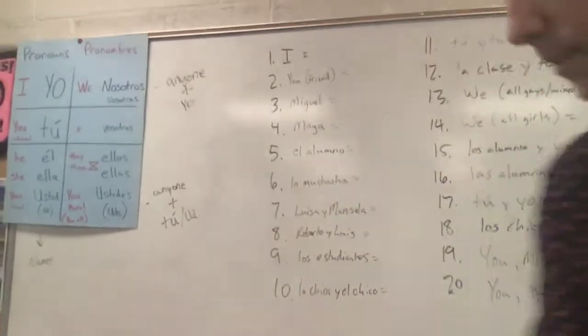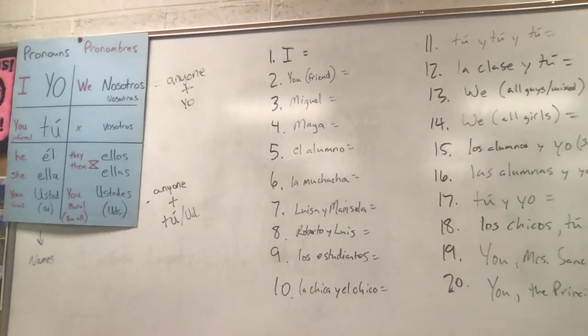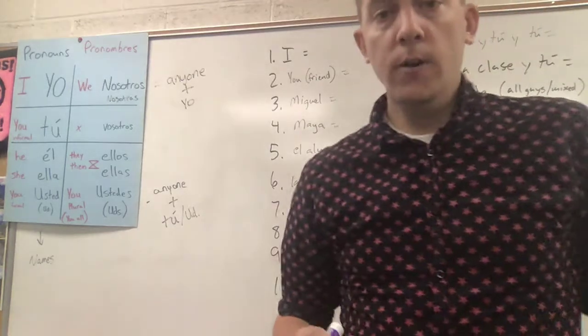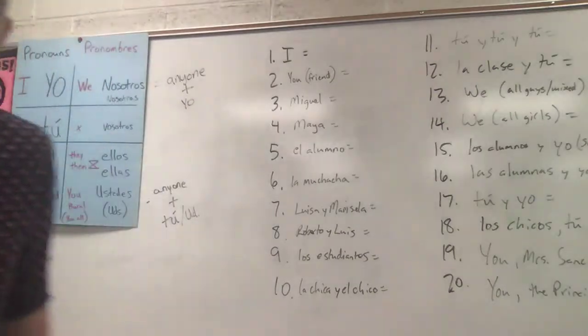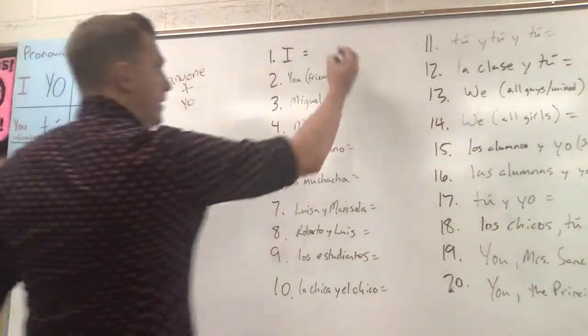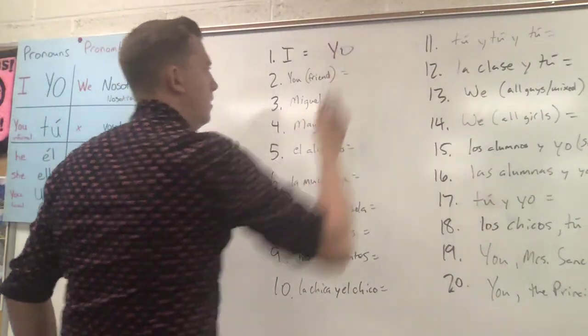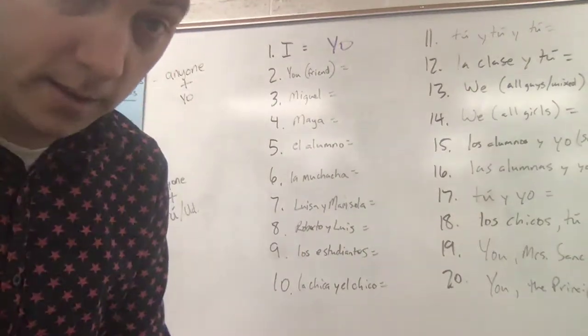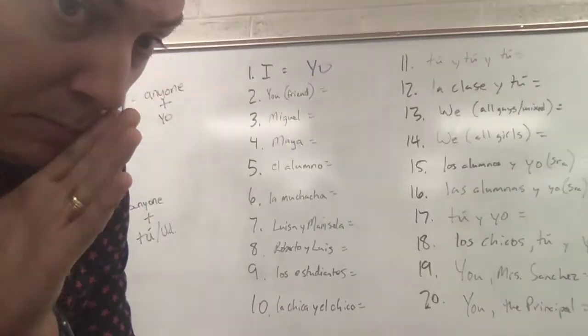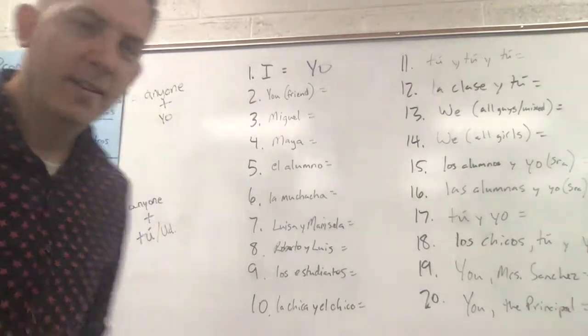All right. So let's get another marker for the color coordinating. For yo, for I, what is the pronoun that we use? It is yo. Okay, and as we go over this, you guys can do this too to get the homework assignment done. Free points, free points. All right?